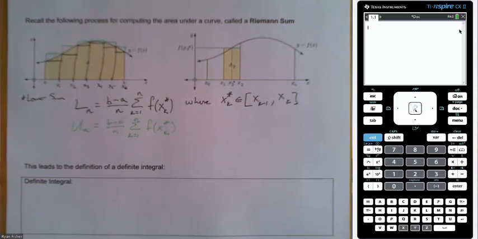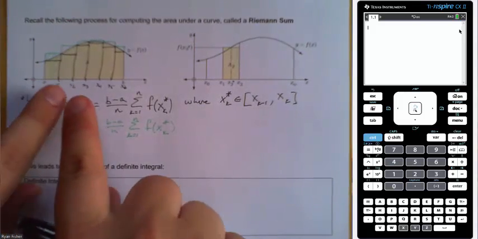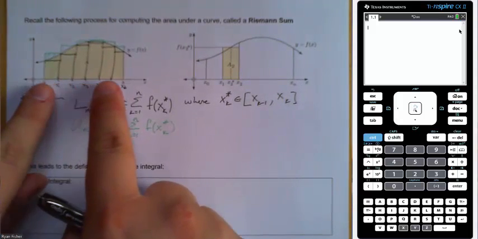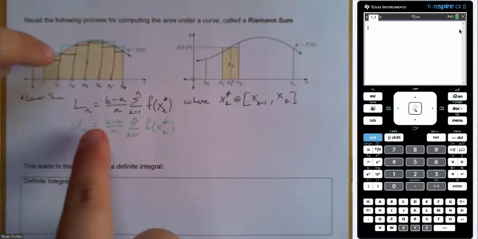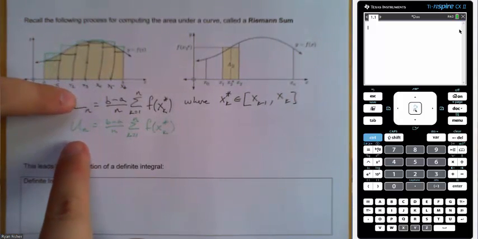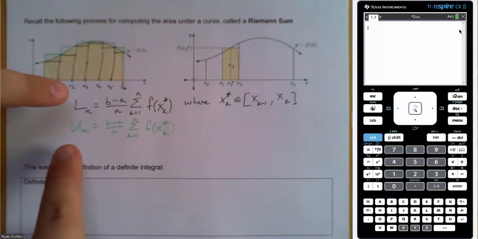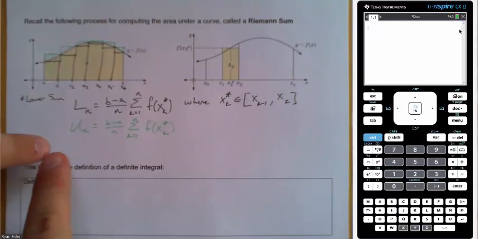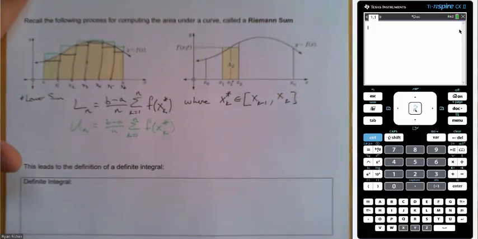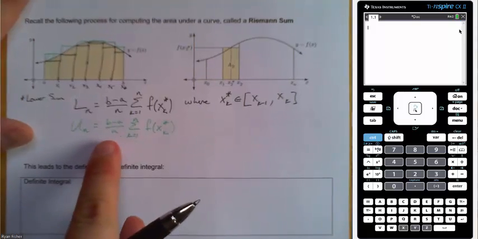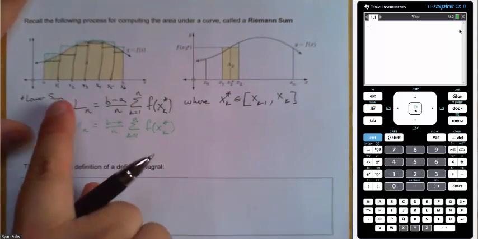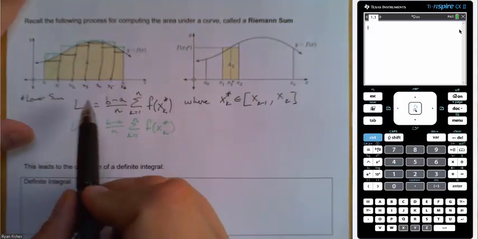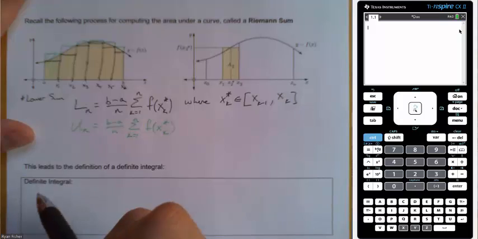And what Riemann said is that as you make these estimates finer and finer, as you subdivide into smaller and smaller, thinner and thinner rectangles, the sizes of the upper rectangles and the lower rectangles become closer and closer to each other. In fact, they become arbitrarily close. So Riemann says that if you look at the limit as n approaches infinity, the difference in size between the lower estimate and the upper estimate becomes 0.